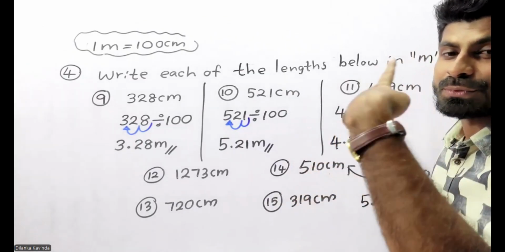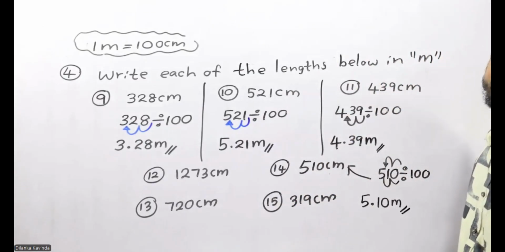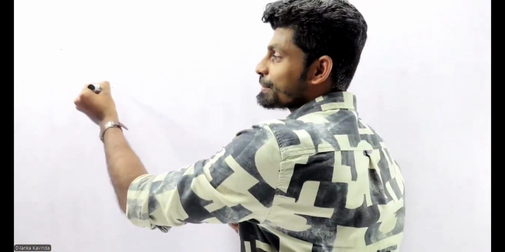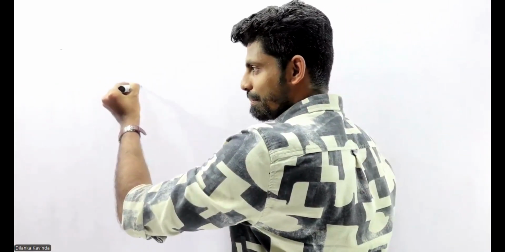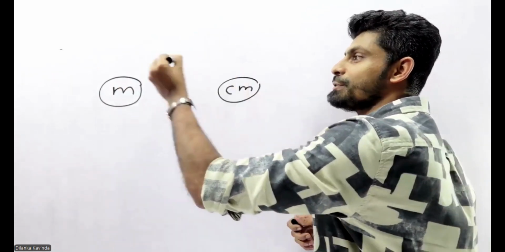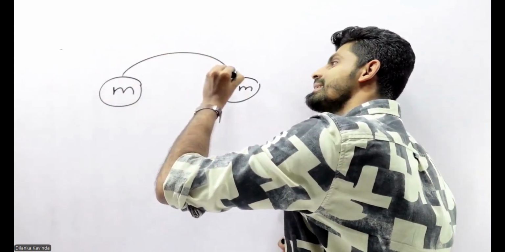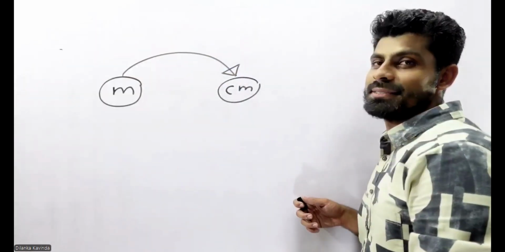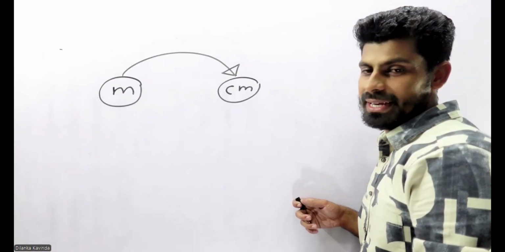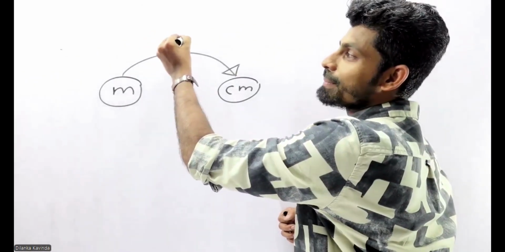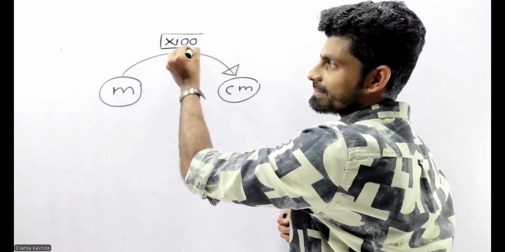Great. Then we can move to the last part. Look at the next one, right? If you need to convert meters into centimeters, meters to centimeters means multiply by 100.